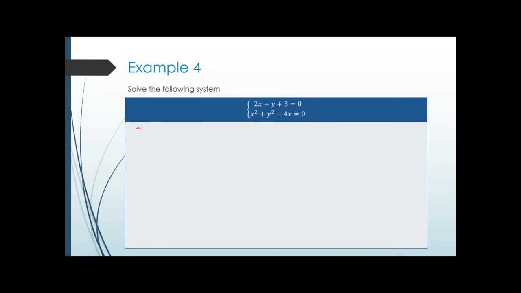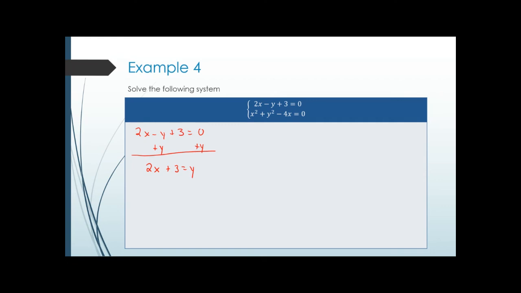So I have my 2x minus y plus 3 equals 0, and I'm going to add y to both sides so that I can get 2x plus 3 equals y.